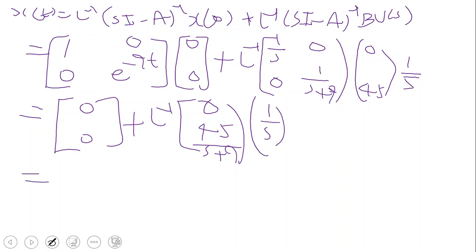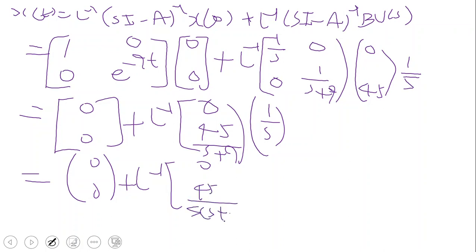What you get is 0 0 plus L inverse of 0, 45 by s into s plus 9. The first term is 0, therefore we have to find out only this. Let us do it in the next slide.